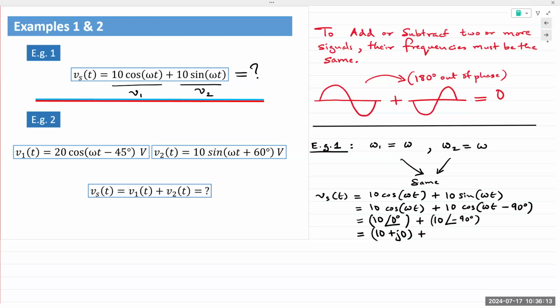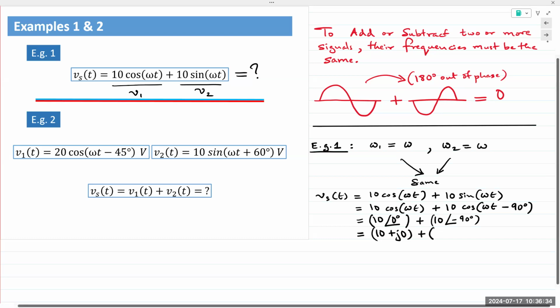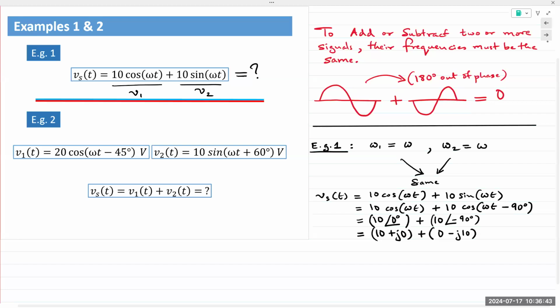And if it's 10 with the angle of minus 90, it means it's pointing directly downwards. The real component in this case is 0, so it is 0 minus j10. Those are the two numbers in rectangular coordinates.